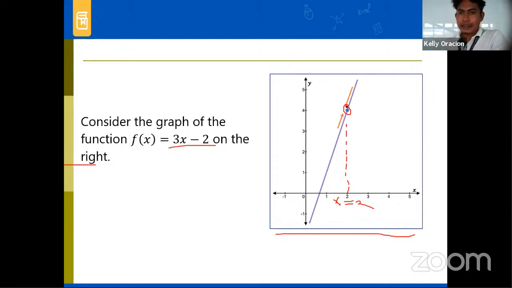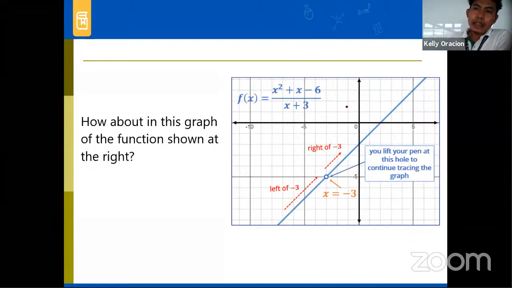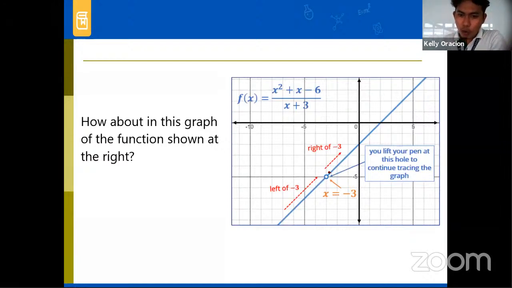Next. In this example, as you have observed, there is an open hole here. This is 1, -1, -2, -3. Now, in this graph, the graph is discontinuous at what point?